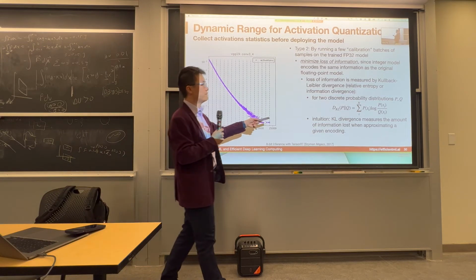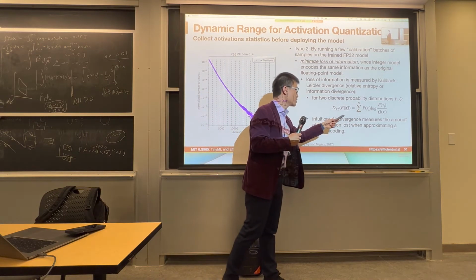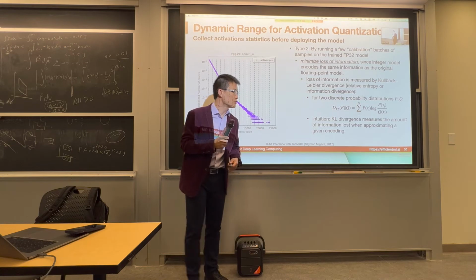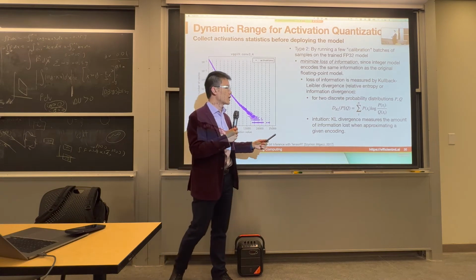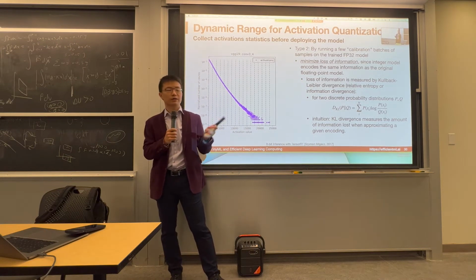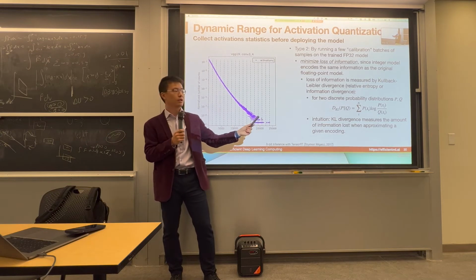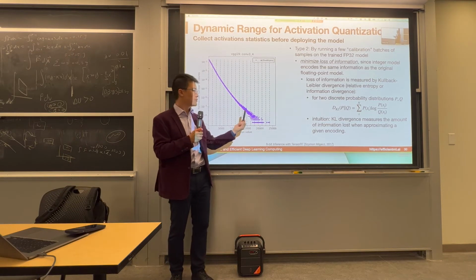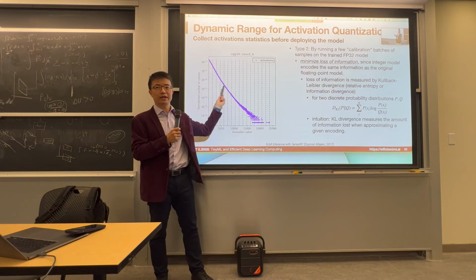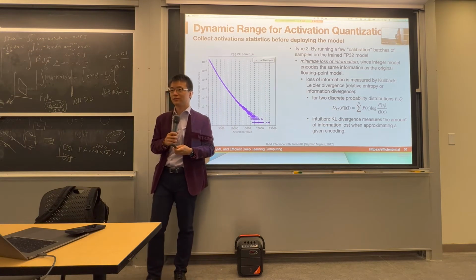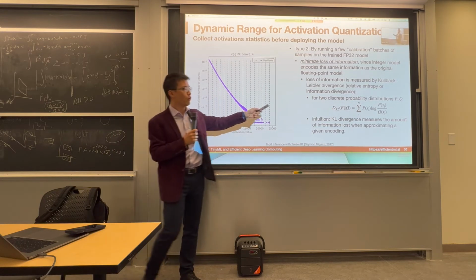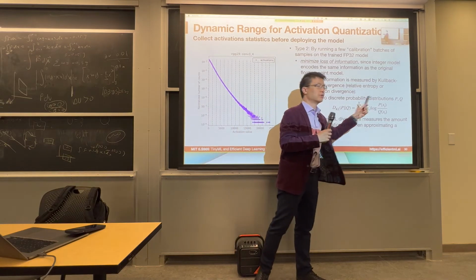So the intuition is that the KL divergence measures the amount of information lost when approximating a given encoding. So this is a given encoding. The approximation is done in two steps: first, clip it, and secondly, discretize it. We want to minimize the divergence between P, which is before, and Q, which is after.